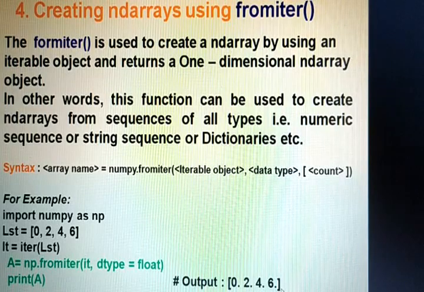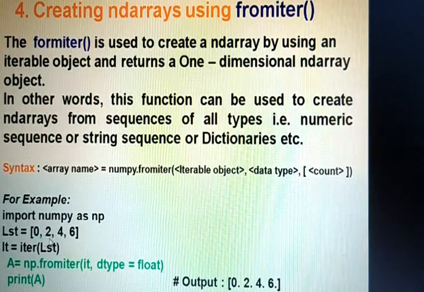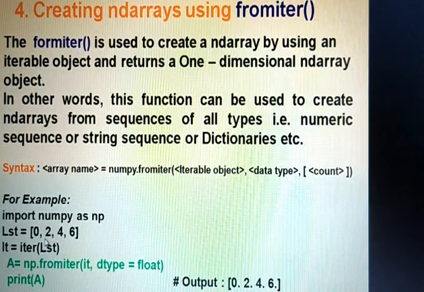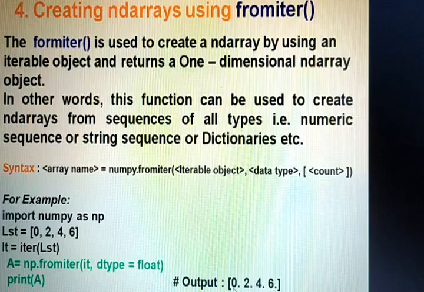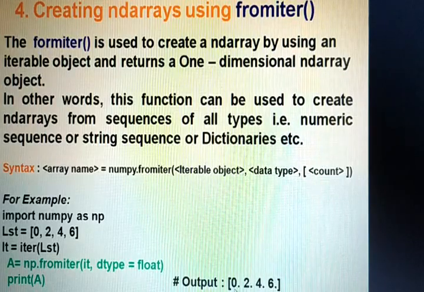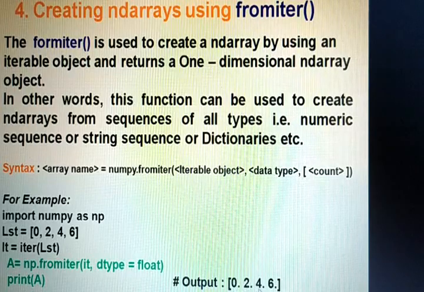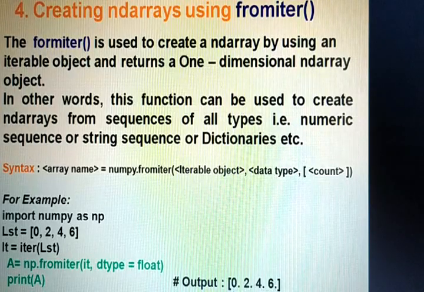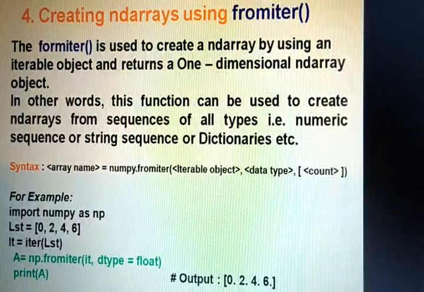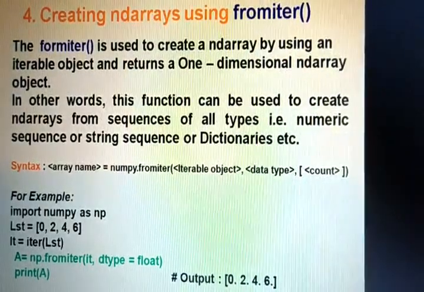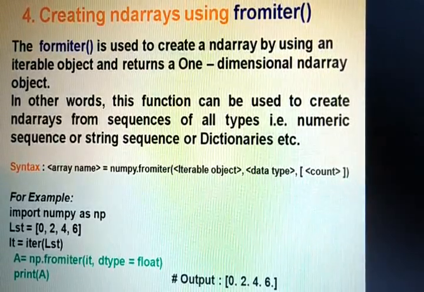That means here in the list we give the values as integers and in the array the values are stored as floats, that means 0.0, 2.0, 4.0, 6.0. In this example, we create the array by utilizing a list and the fromiter function.